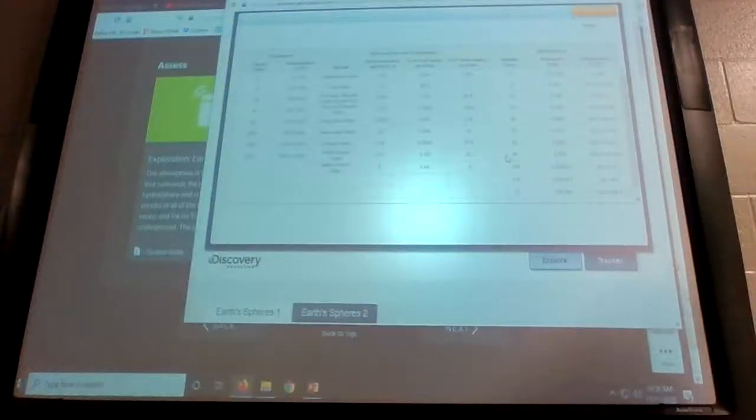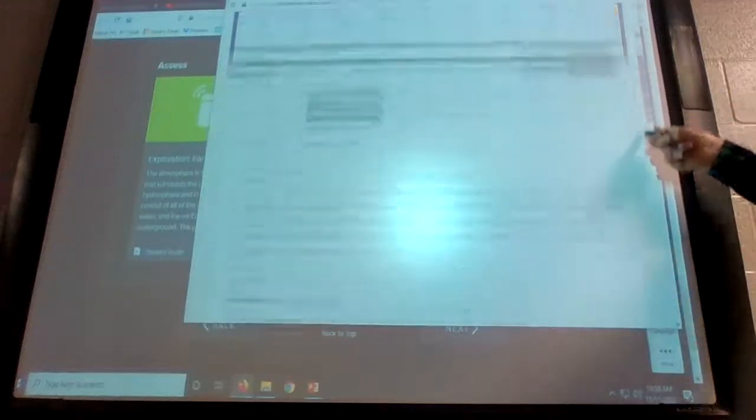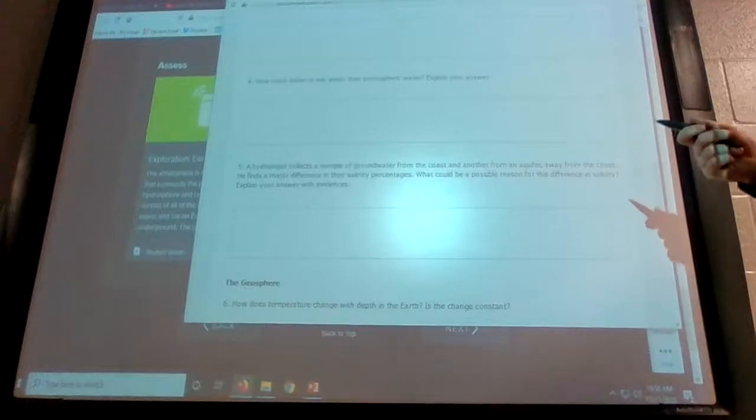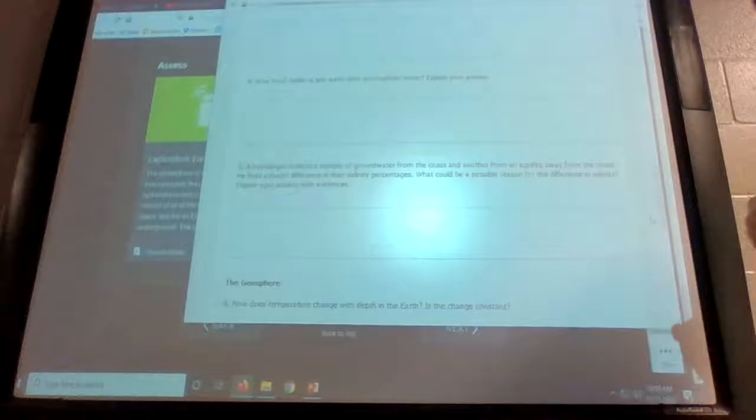Same thing with ice caps or snow or glaciers. Most of that ice comes from the atmosphere in the first place, so it's going to have about the same salt content. So how much saltier is seawater than atmosphere? Give me both and tell me why there's no salt in the atmosphere.